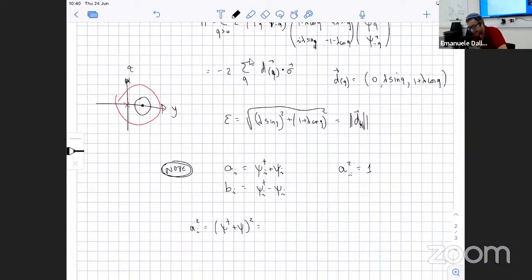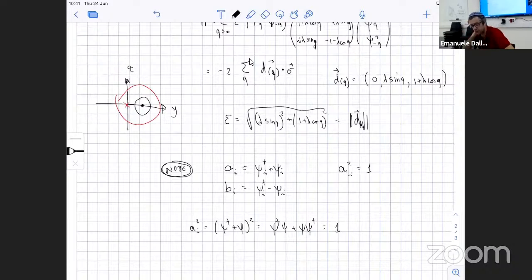So it's psi dagger squared, which is 0, plus psi dagger psi, plus psi psi dagger, plus psi squared. And this is basically psi dagger psi plus psi psi dagger, and this is 1. This is just the anti-commutation of the fermions. So this is 1. Okay, good, excellent.